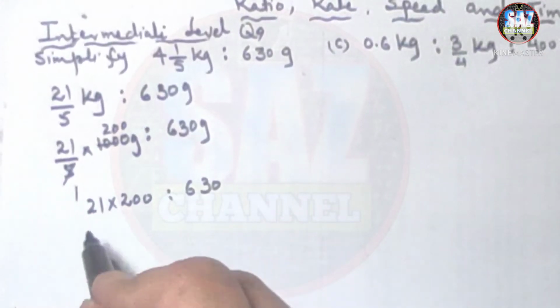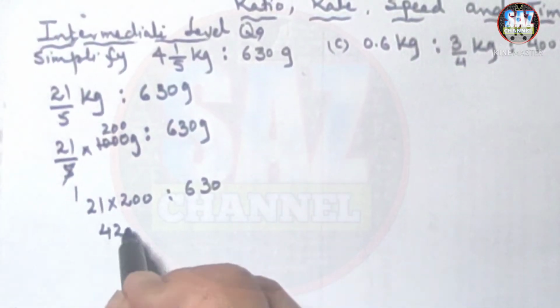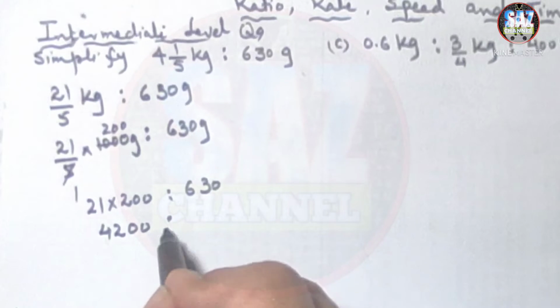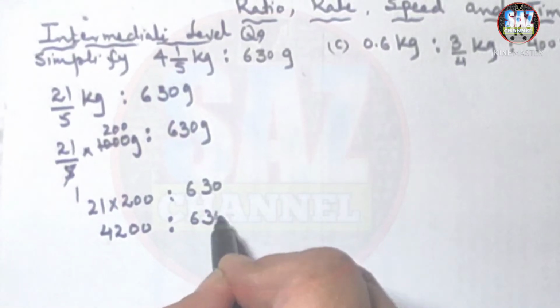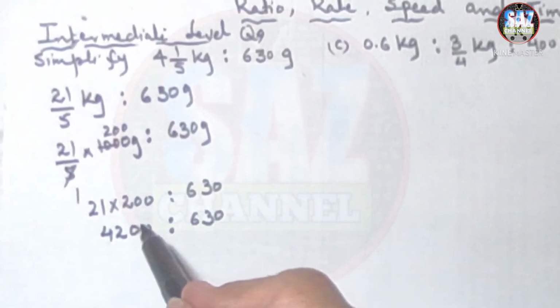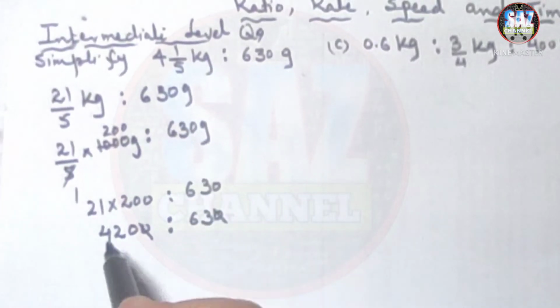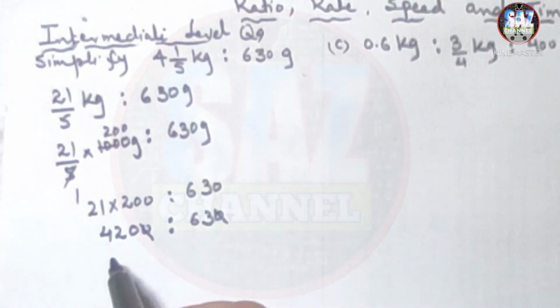Now 21 times 2 is 42, 420 ratio 630. Okay, now look, a 0 goes with 0 easily, and we are left with 420 ratio 63.